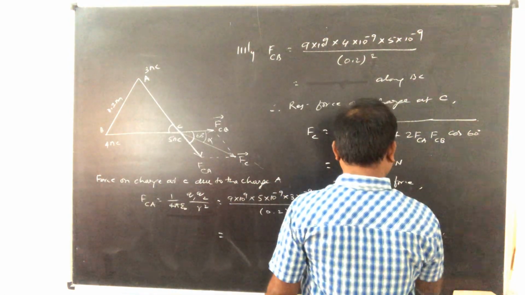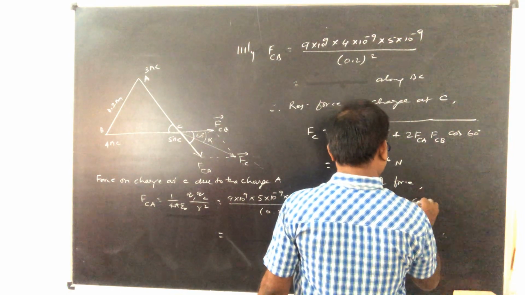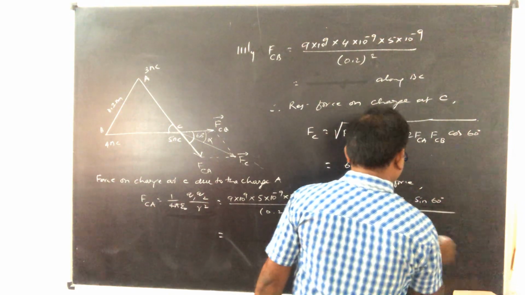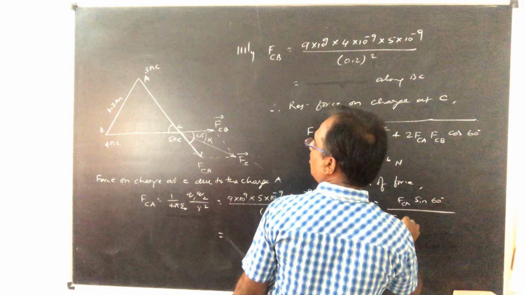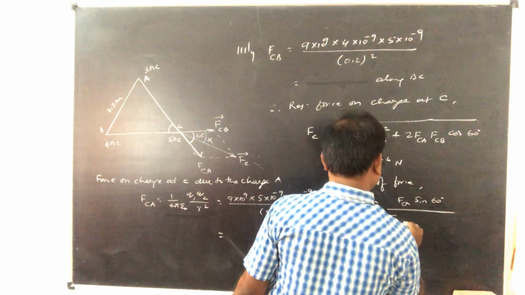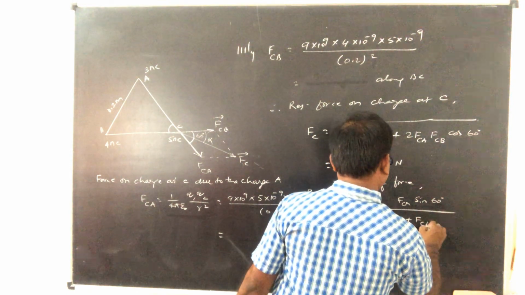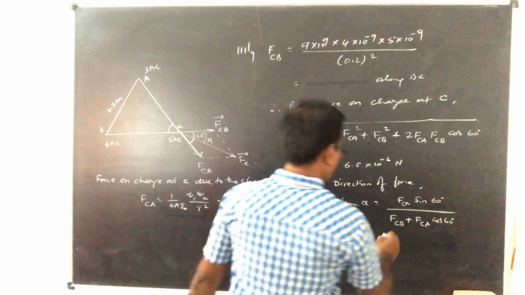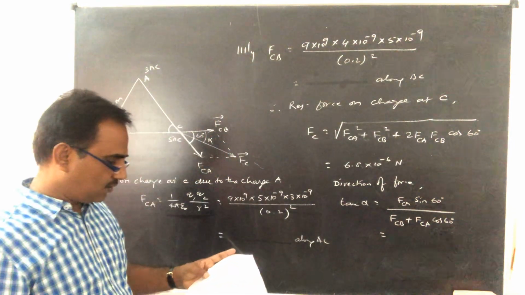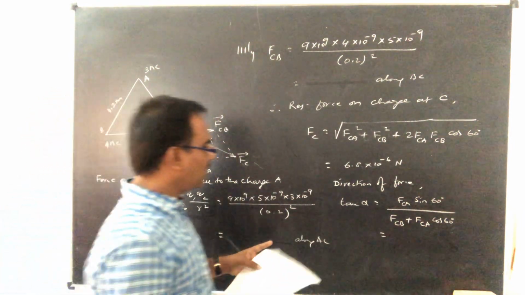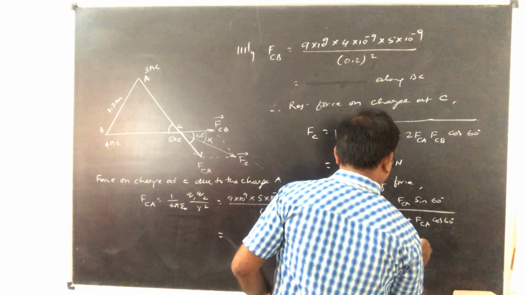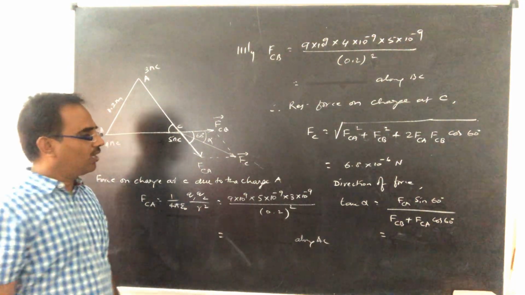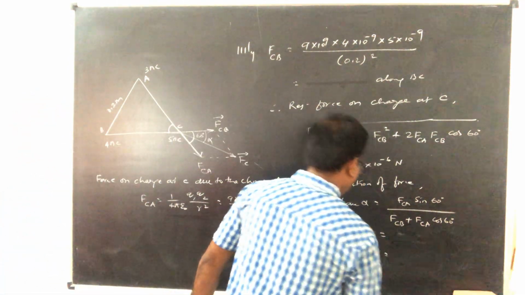So according to that formula, it is FCA sin 60 divided by FCB plus FCA cos 60. So by using this you find tan alpha. It comes to be nearly 0.47. Or whatever value you get, you find that value, and from that you find the value of alpha.